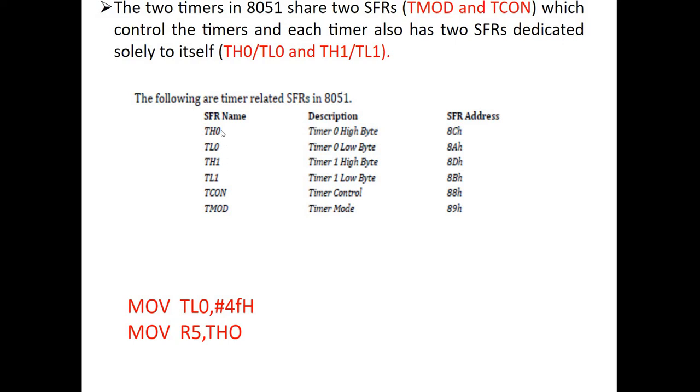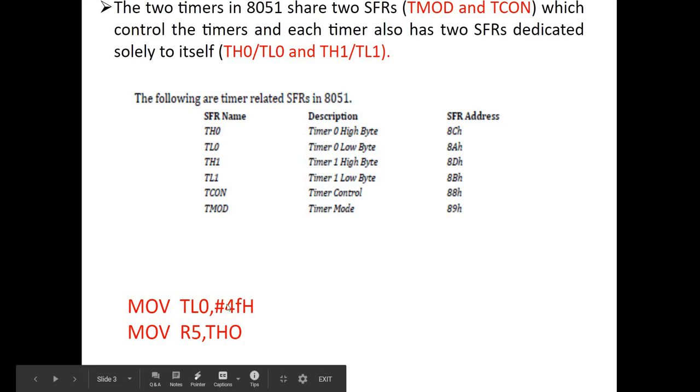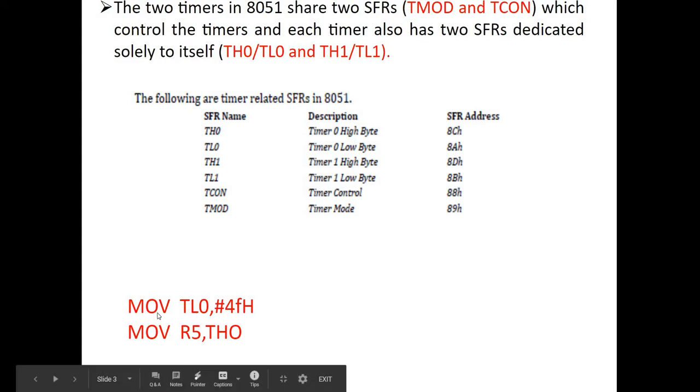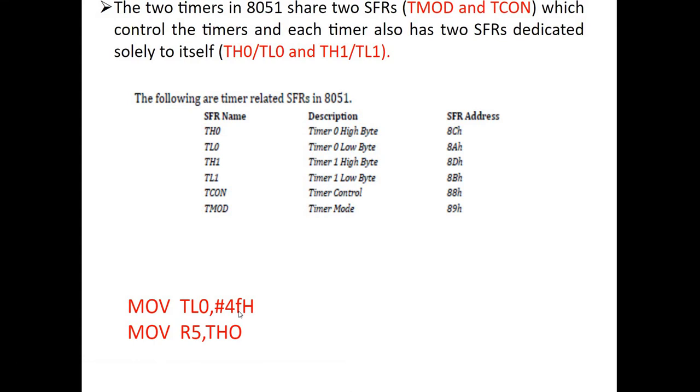So these TH0, TL0 or TH1 and TL1 can be used like how we use the other registers of 8051. For example, if you want to move any immediate value to TL0, then we can use the instruction MOV TL0, #4FH, which means after the execution TL0 will be initialized with 4FH.